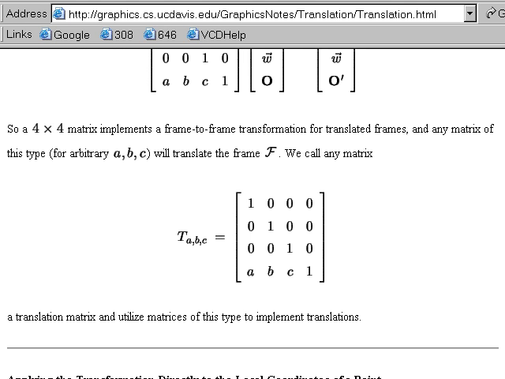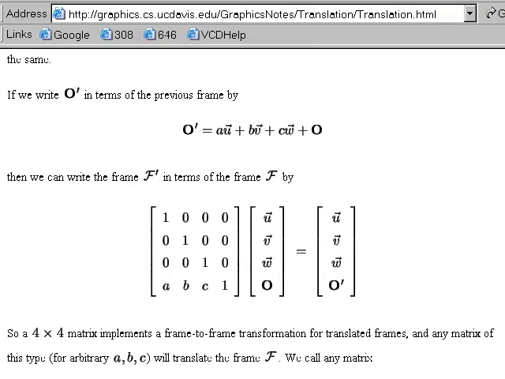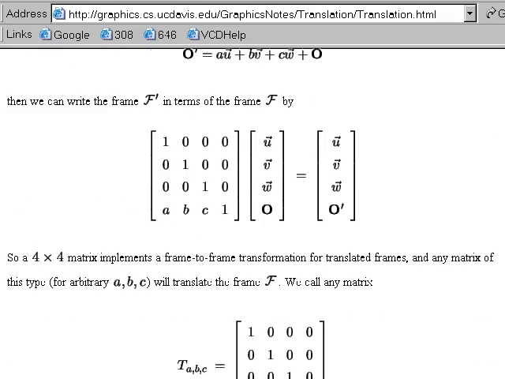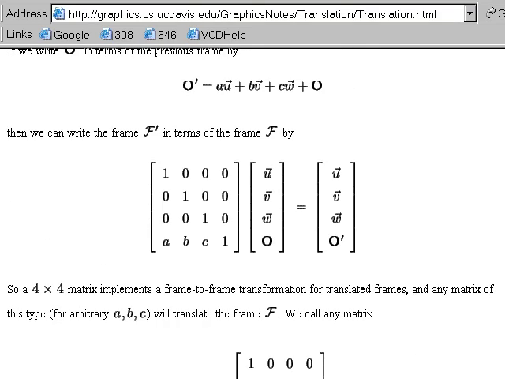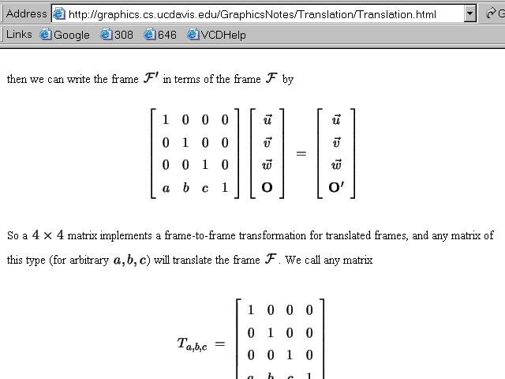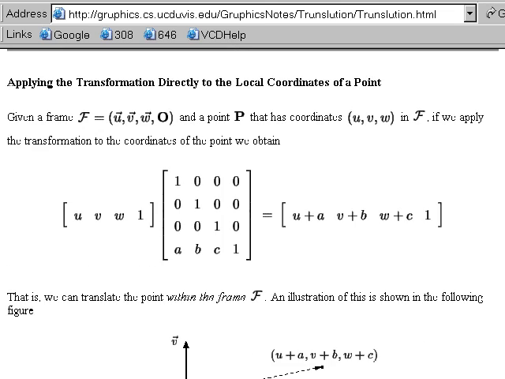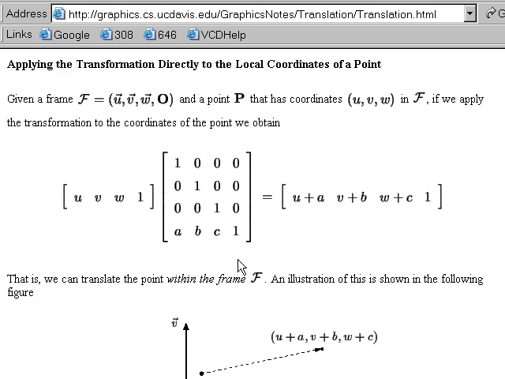Now, one comment here: they multiply the vector on the left as a row vector rather than multiply the vector on the right as a column vector. So this ABC in my notation would be written down the right column.